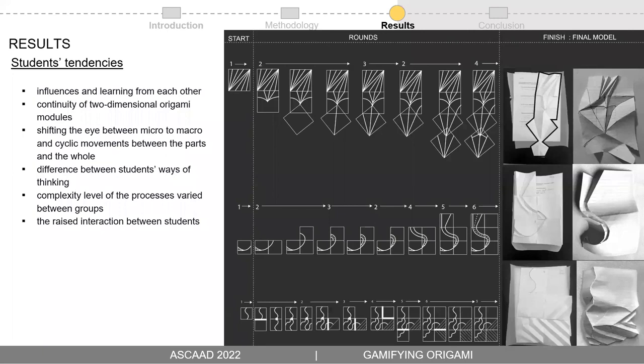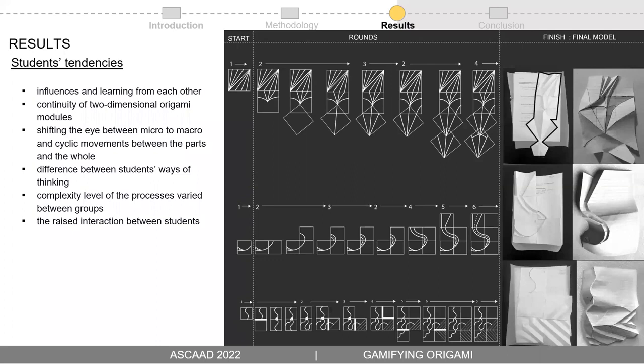Accordingly, the differences and similarities of actions and productions between group members show the influences and learning from each other. While driving the design decision with visual rules maintained and continuity of two-dimensional origami modules, the continuity in three dimensions was not achieved in a couple of groups of works.